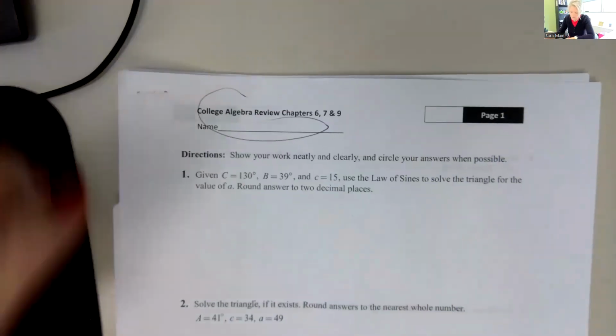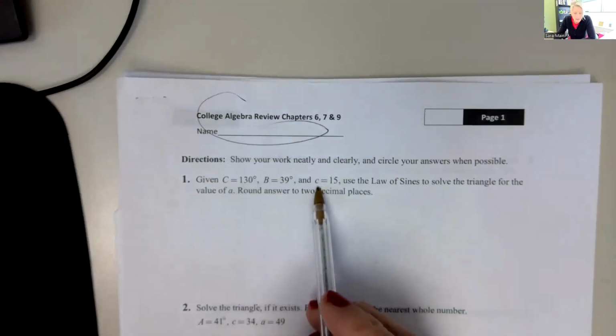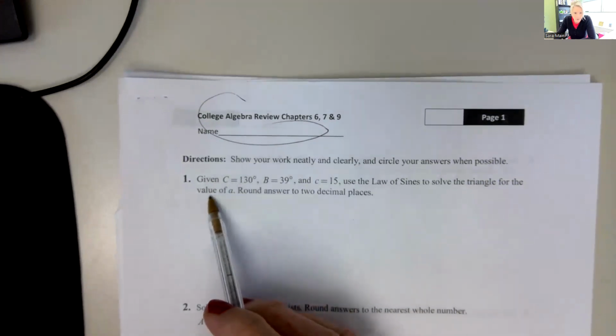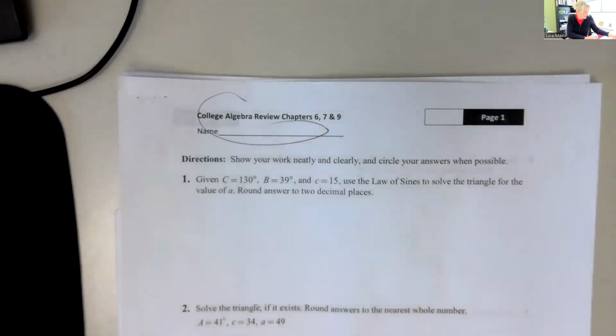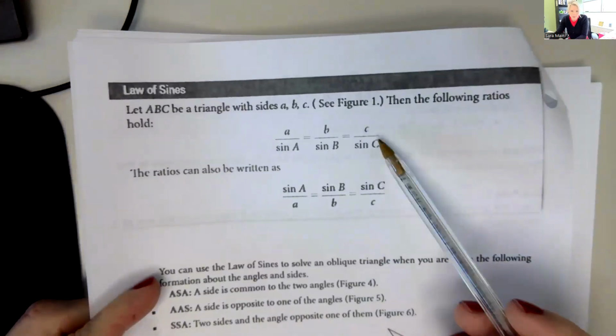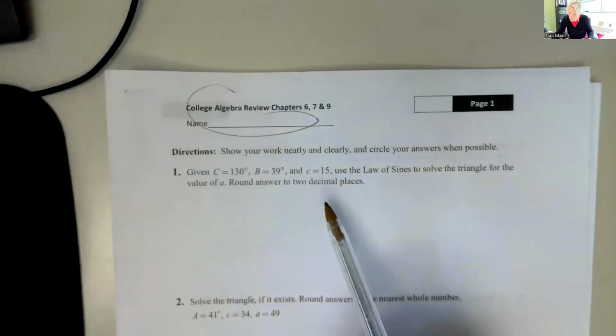First question on the review says, given the angles C and B and side C, use the law of sines to solve the triangle for a value of A. So we are going to be using the law of sines. And sometimes it's more efficient to write them in one way or the other with the ratios.